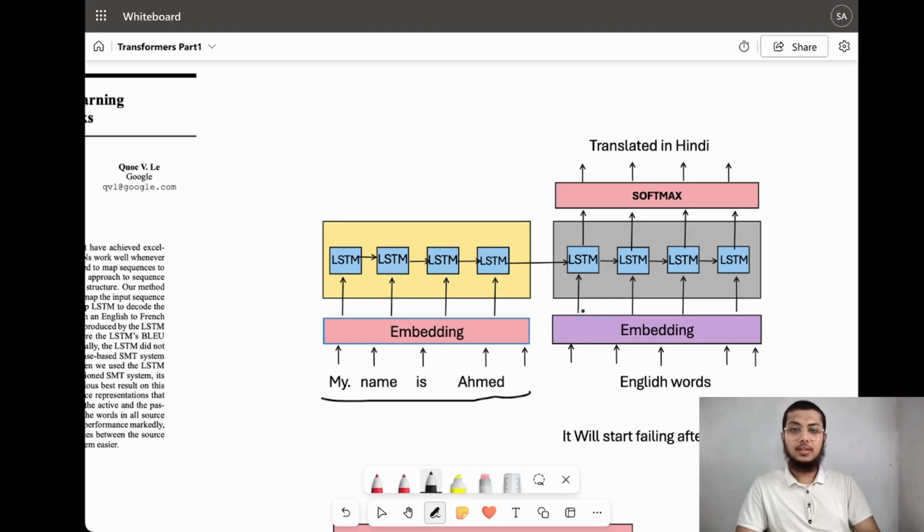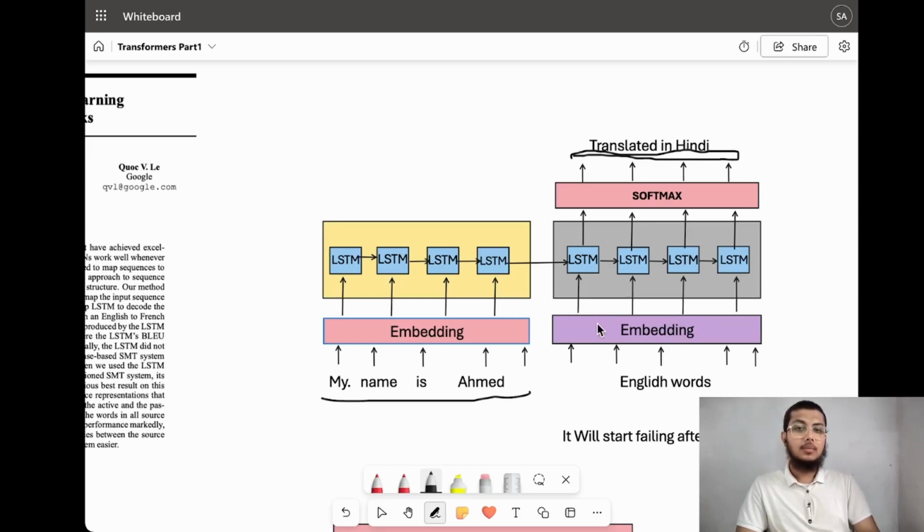Here I have not mentioned the words in Hindi, I apologize for that. Just imagine that here are the words in English, and it translates the single words into Hindi. So it produces output on a word by word basis like this.